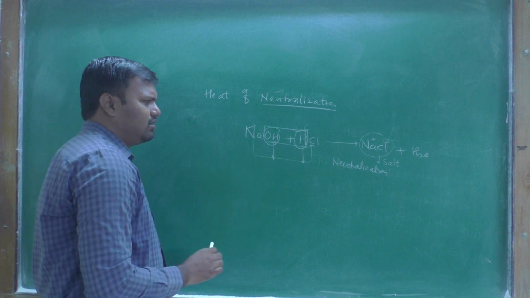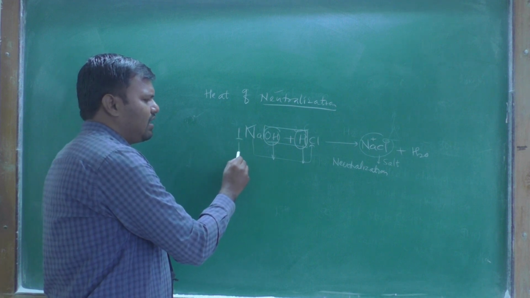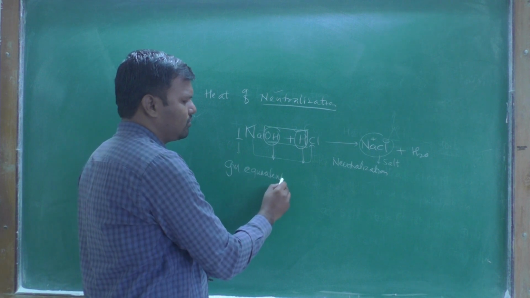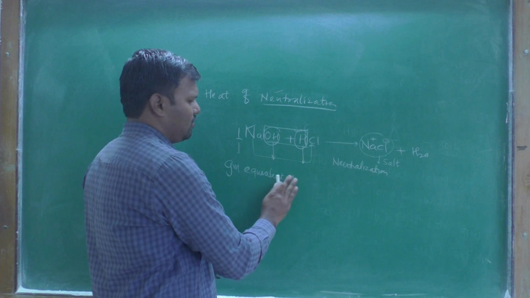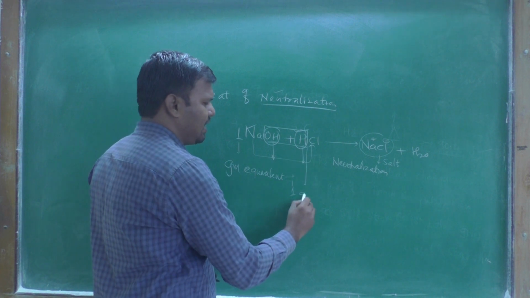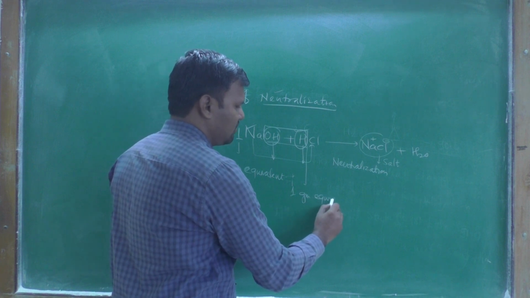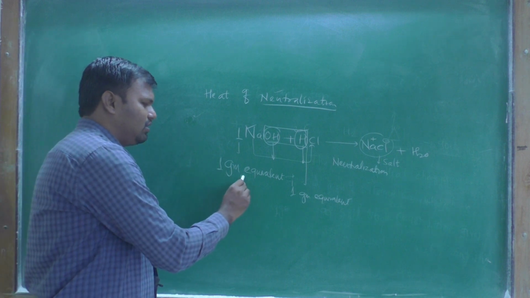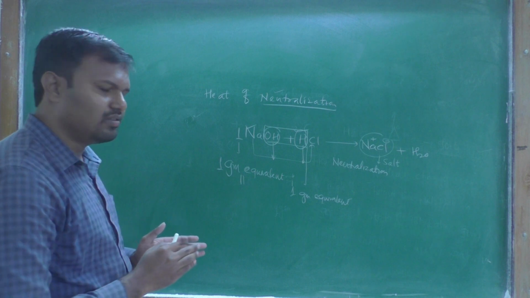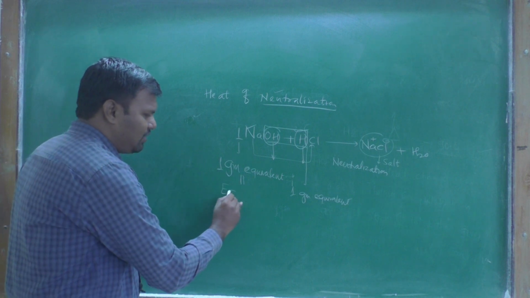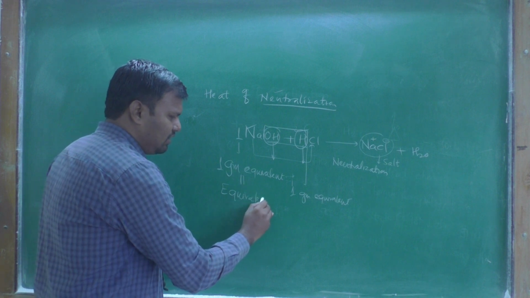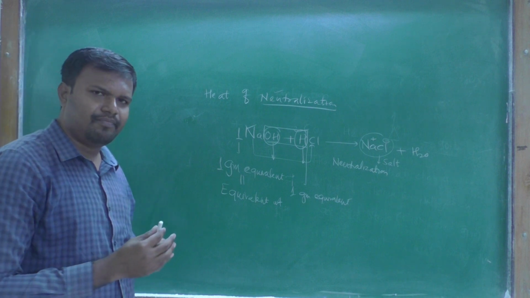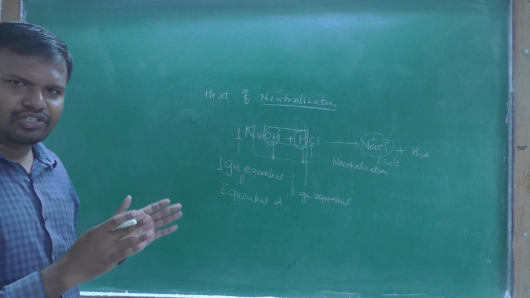Suppose you have taken 1 gram equivalent NaOH and you also taken 1 gram equivalent HCl. What does 1 gram equivalent quantity mean? 1 gram equivalent quantity means its equivalent weight. For bases and acids, we can calculate it as its equivalent weight.